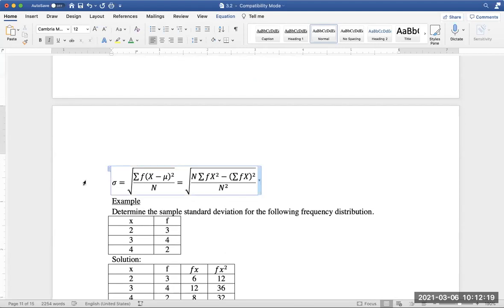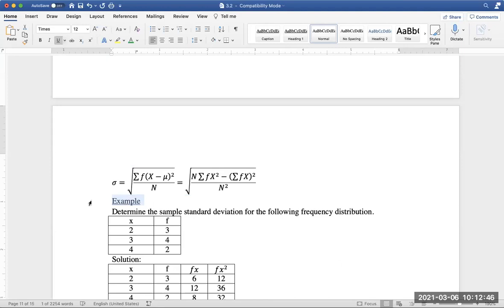The population standard deviation, sigma, is the square root of the sum of f times x minus mu squared over n, which is the square root of n times the sum of fx squared minus the sum of fx quantity squared, all divided by n squared.